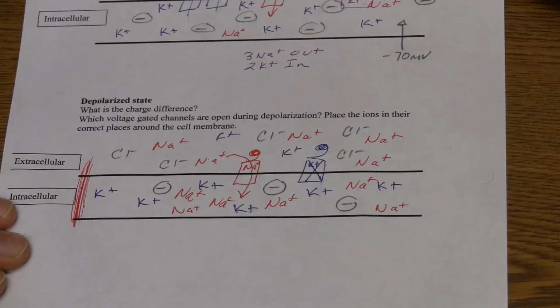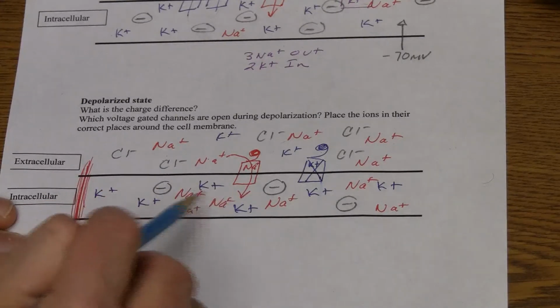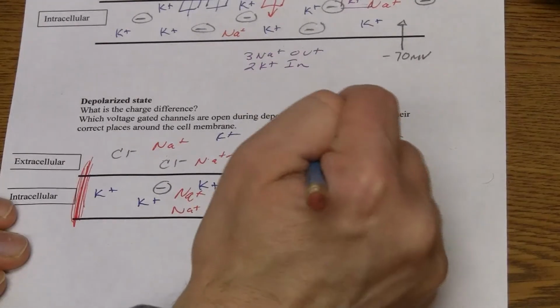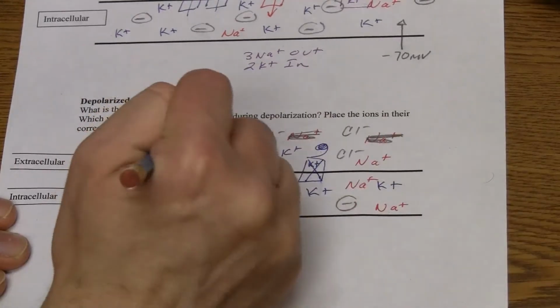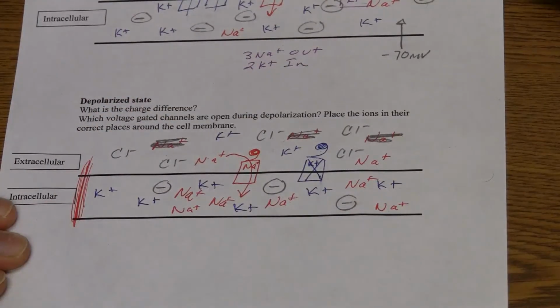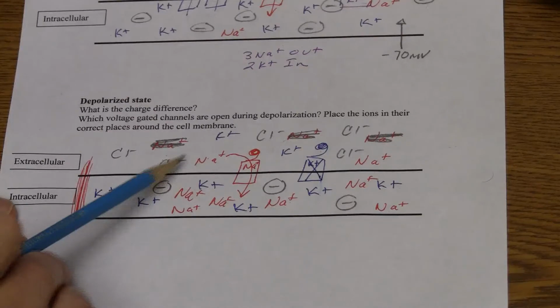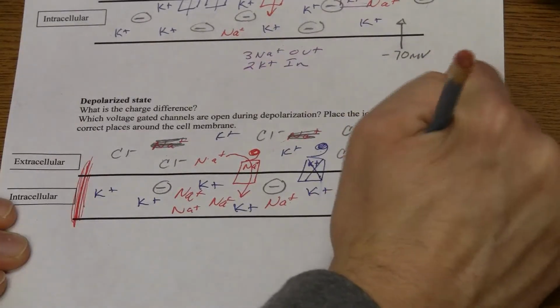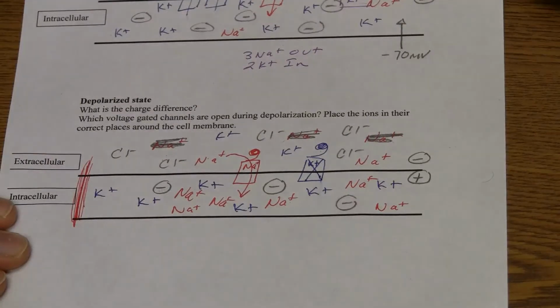Now because the sodium has rushed in, we have a lot more positively charged ions in here compared to what we did have. And if we eliminate some of the sodium out here that has rushed in, that would leave us with a more negative balance on the outside compared to the inside with the positive.